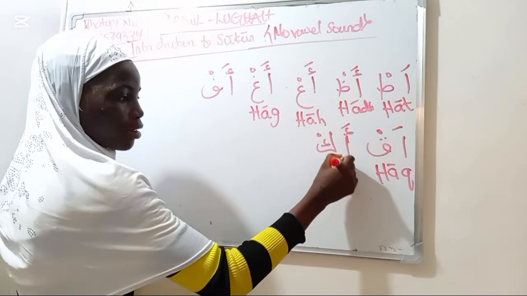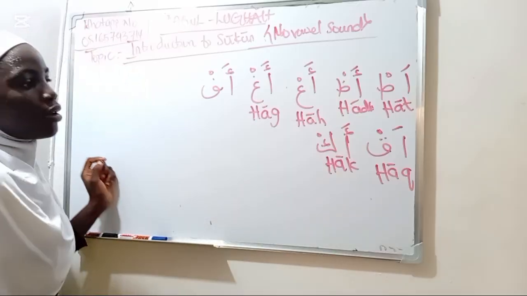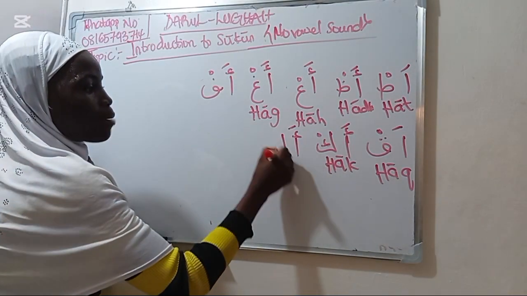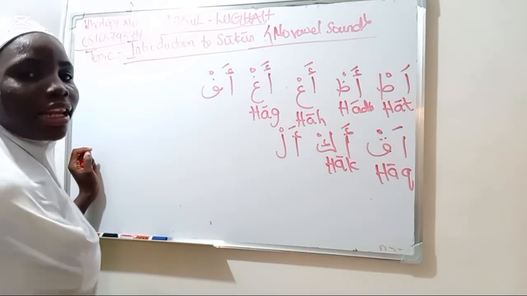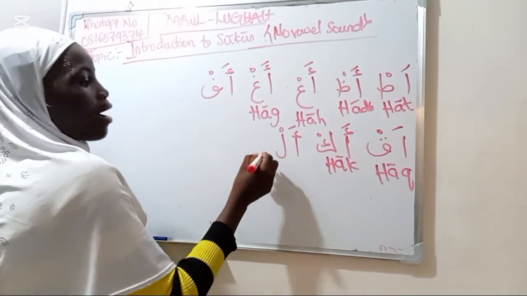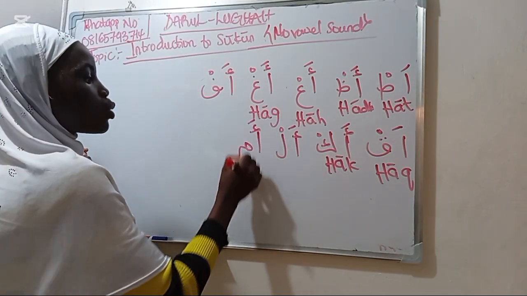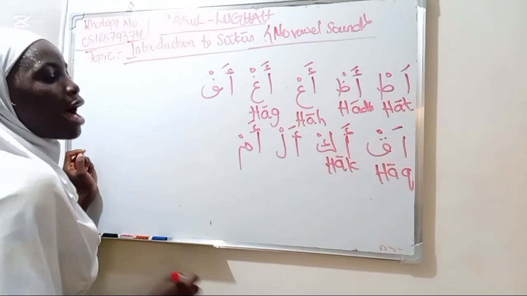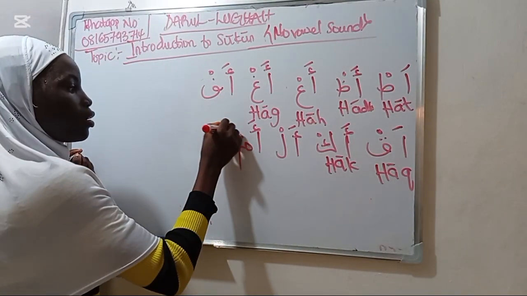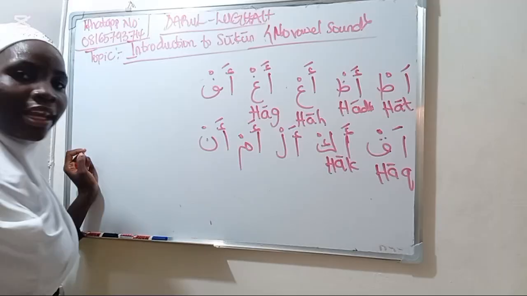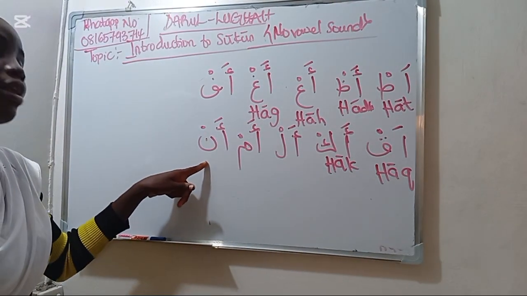Alif fatha a, lam sukun. Already we know that lam has an l sound. Al. Alif fatha a, mim sukun, am. Alif fatha a, nun sukun, an, because nun has the n sound.